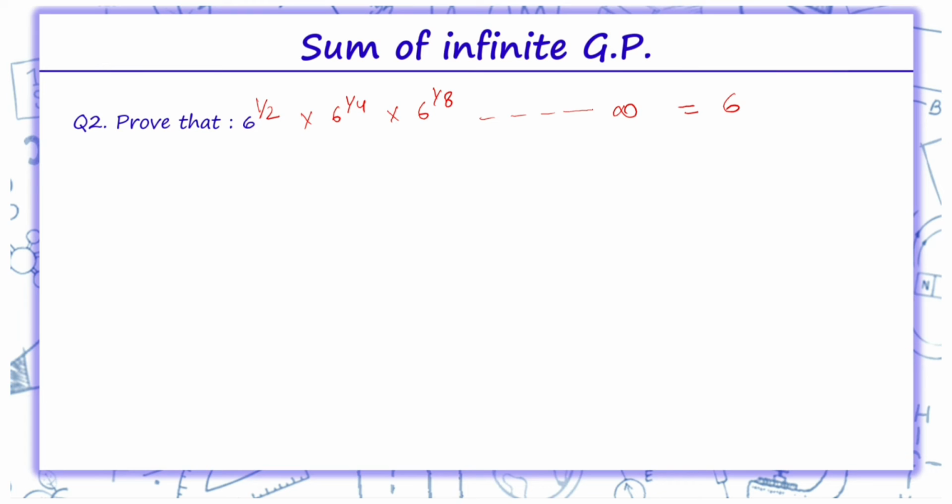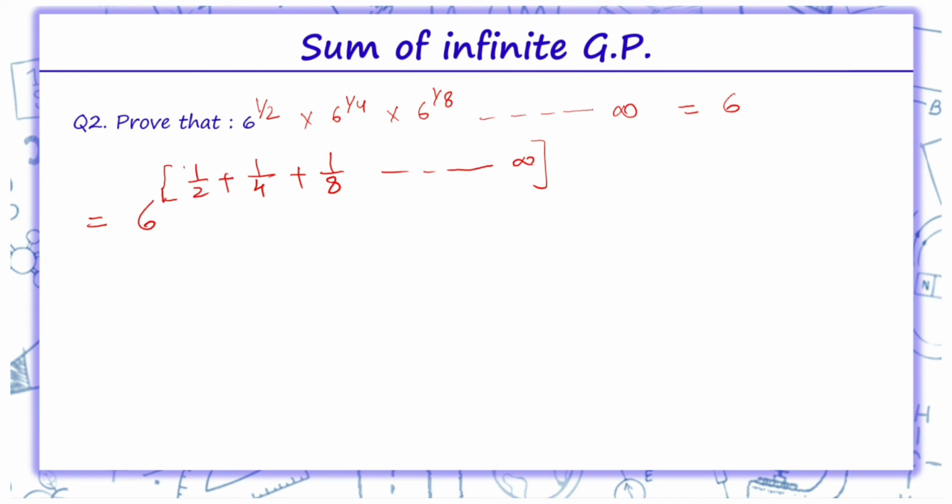Coming to the next question, we have to prove that 6 to the power 1 by 2, into 6 to the power 1 by 4, into 6 to the power 1 by 8, and so on till infinity, is equal to 6. Clearly the bases are the same, so this can be written as 6 to the power 1 by 2 plus 1 by 4 plus 1 by 8 and so on till infinity.